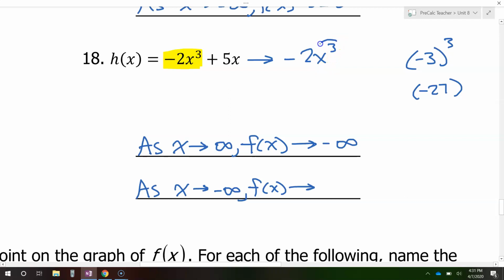When you cube it, it's still negative. But then when you multiply by negative 2, a negative times a negative number is going to equal a positive number. So in the end, we're going to have a really big positive number. So that's why it's going to be approaching positive infinity.